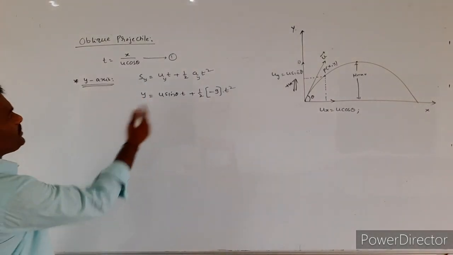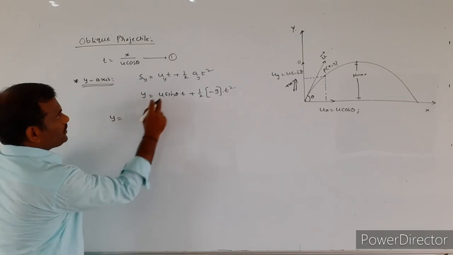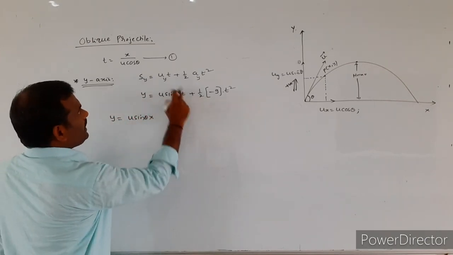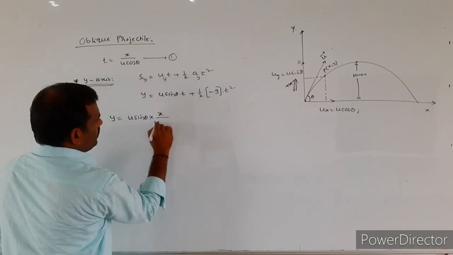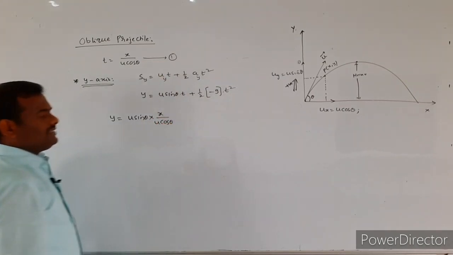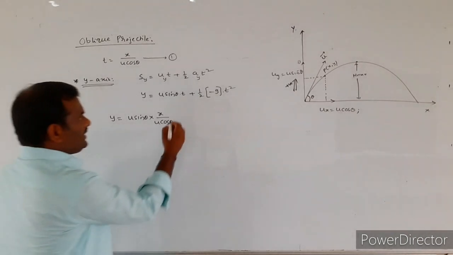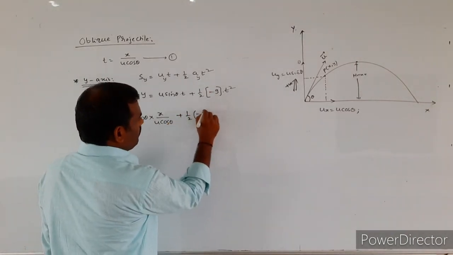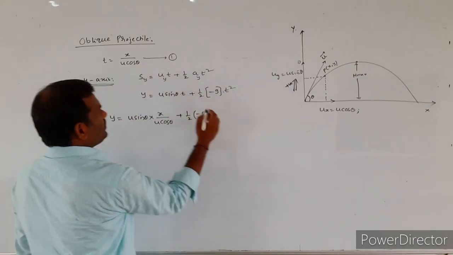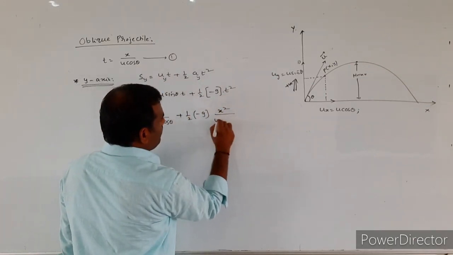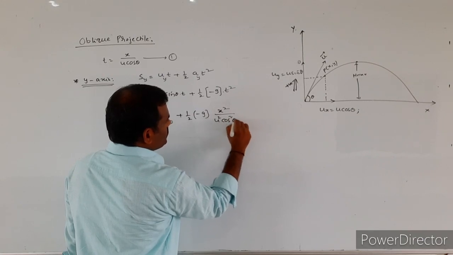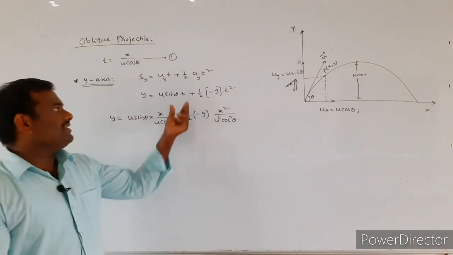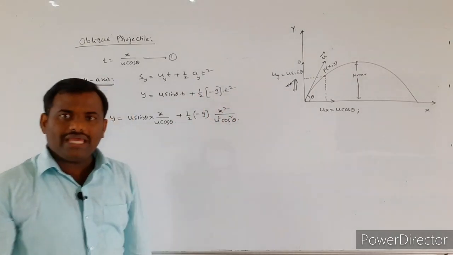Now, substitute the values. Y is equal to u sin theta into t, where t value is x by u cos theta, plus a half into minus g into t square, that is x square by u square cos square theta. Simply, we substitute the value of t from equation 1.